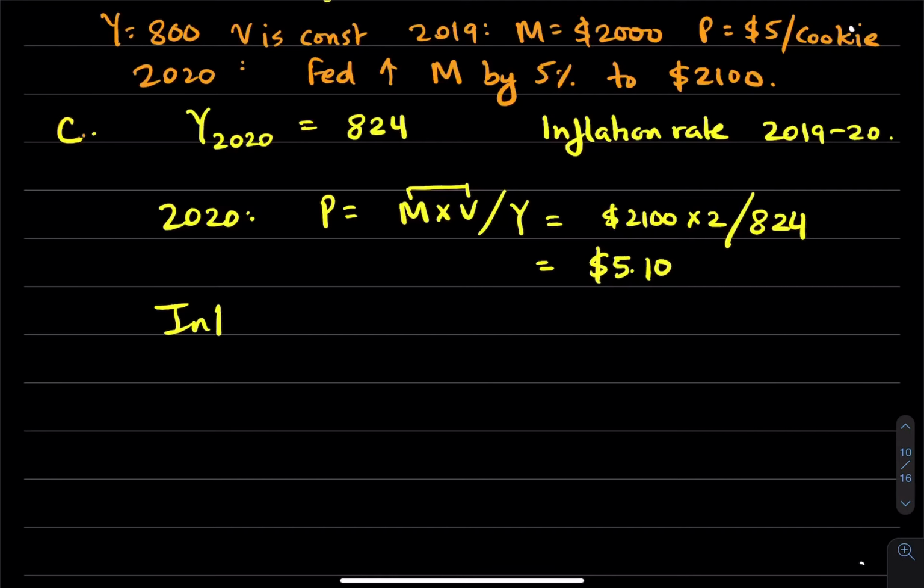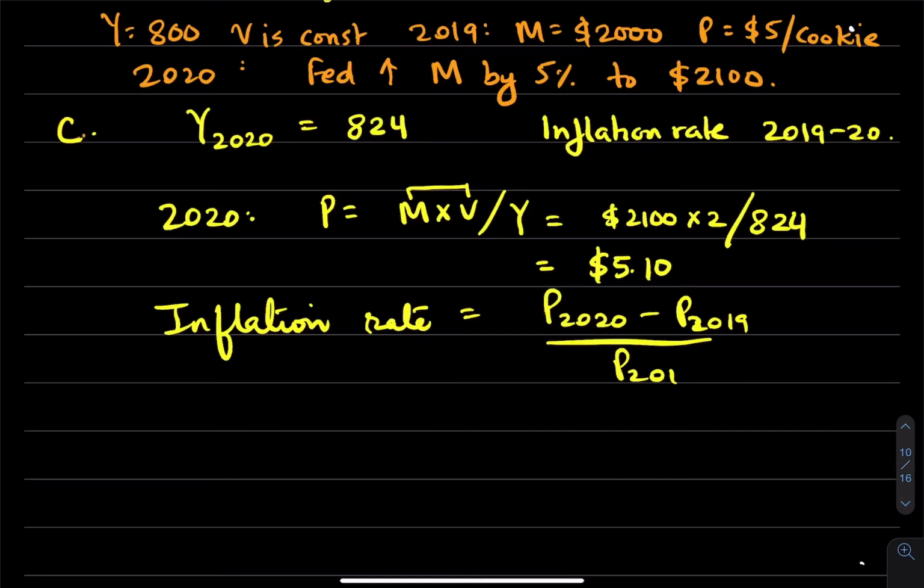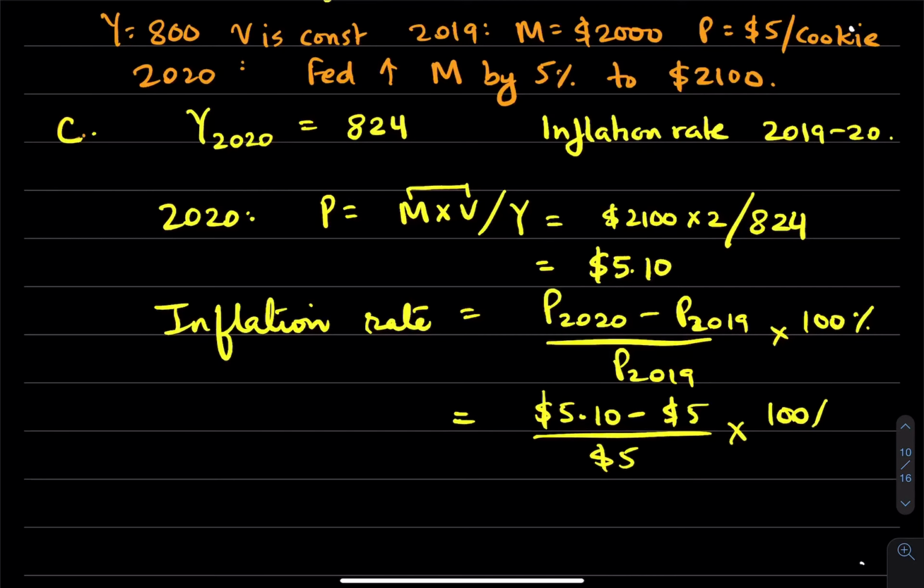So the inflation rate is going to be equal to the price level in 2020 minus the price level in 2019 divided by the price level in 2019 times 100%, which is $5.10 minus $5 divided by $5 times 100%, which is 2%.